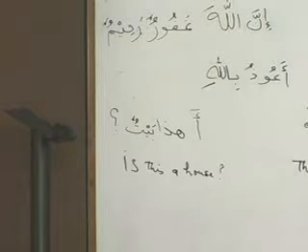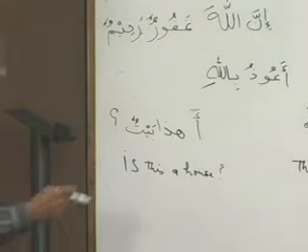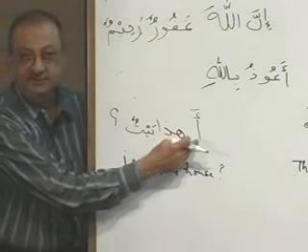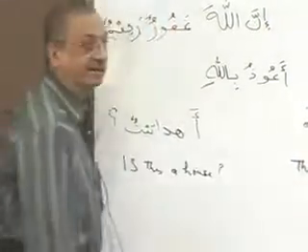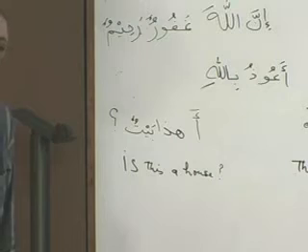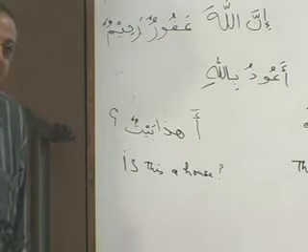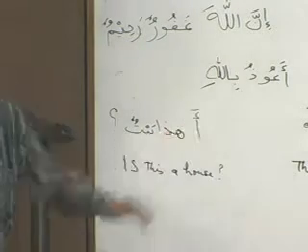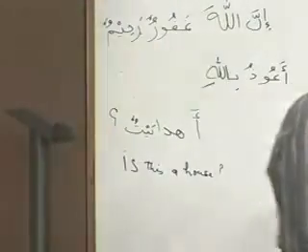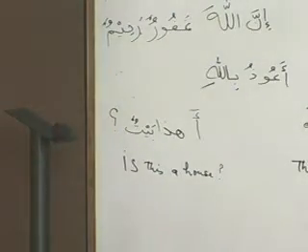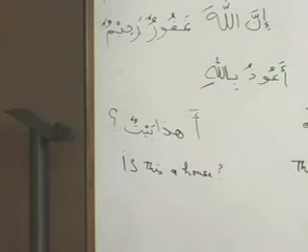So putting Hamza in front of a statement changes it into a question. Are you with me? No other changes. Just by putting Hamza in front of a sentence, you change it into a question. Are you with me, brothers? Okay. And what is the answer?